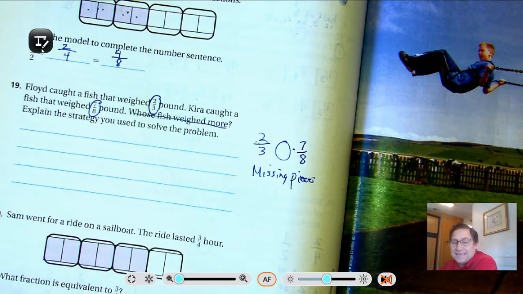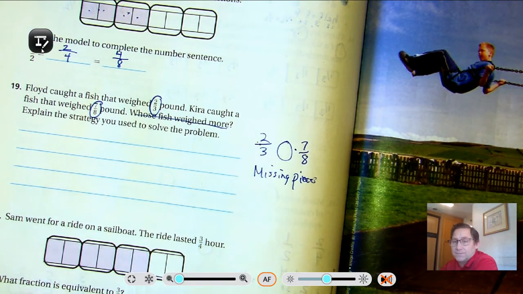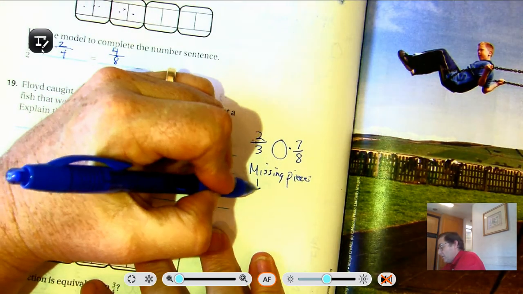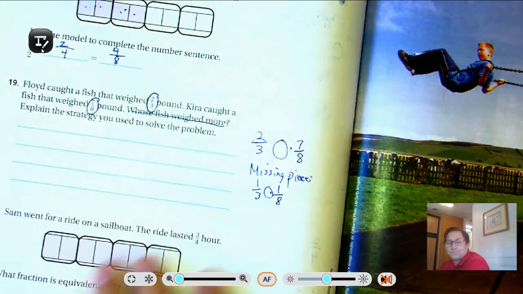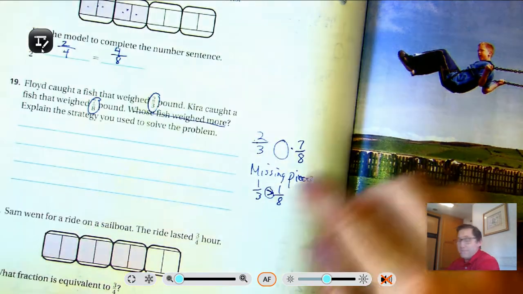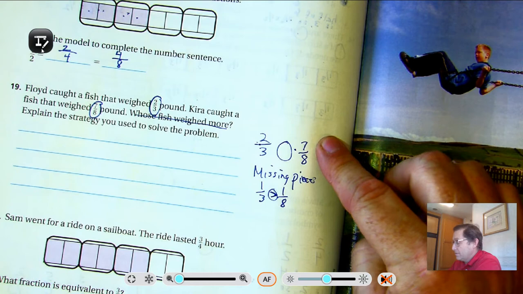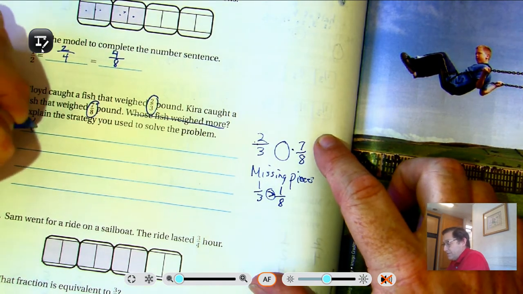The smaller piece that's missing means it's closer to weighing 1 pound, which means that fraction is going to be greater. So which piece is smaller, a third or an eighth? An eighth is smaller, right? So that means the 7/8 is actually closer to being a full pound. So whose fish weighed more? Kira's fish.